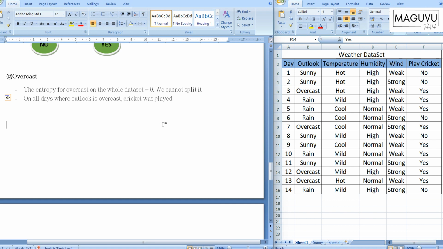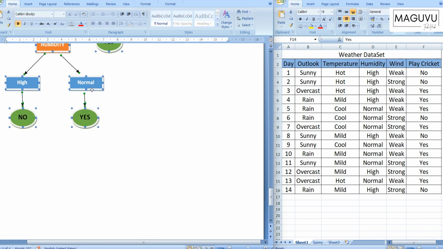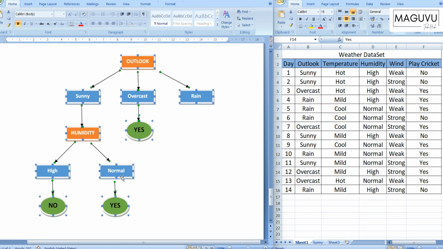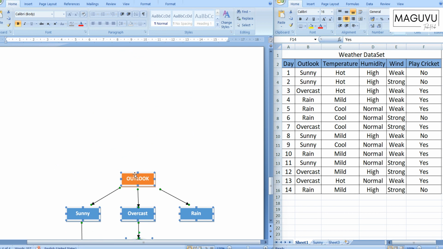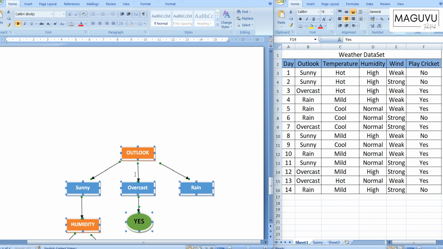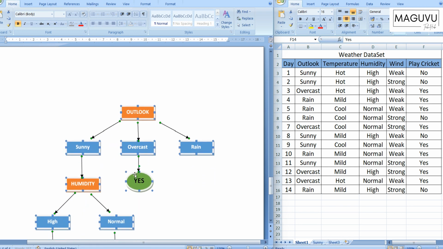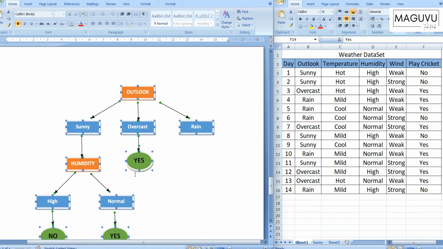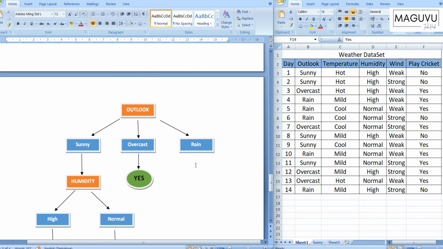To represent that, we put down this graphical representation. Okay, so this is what we have. Wherever there is an overcast, according to the results that we have there, we always play.